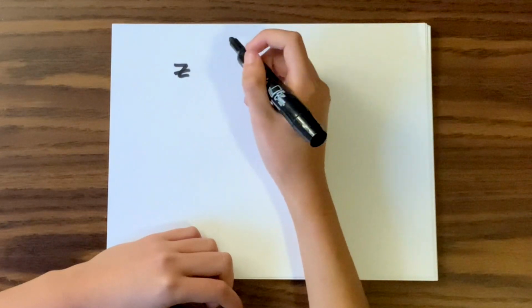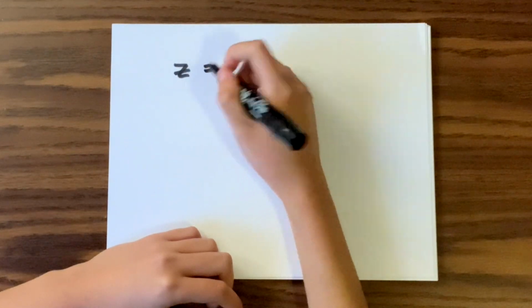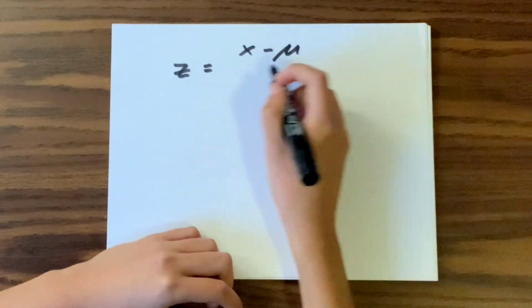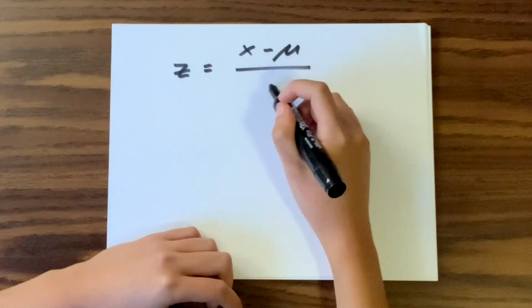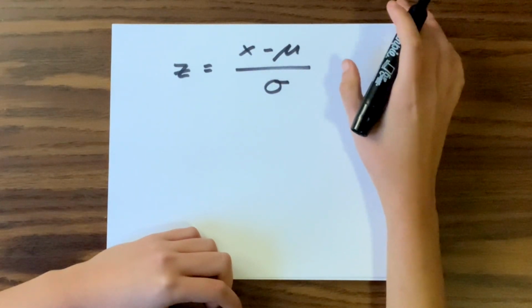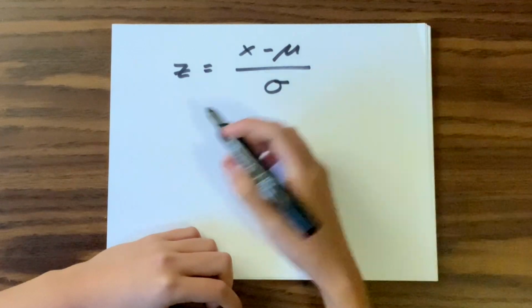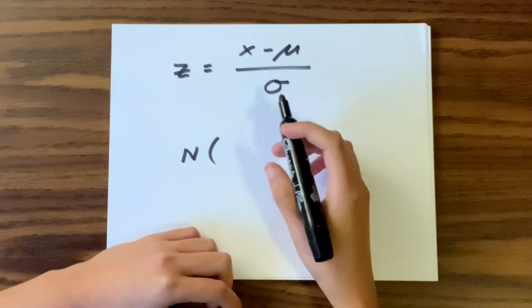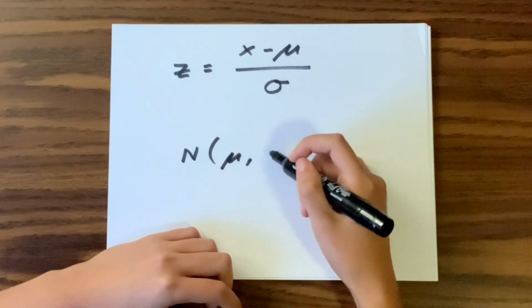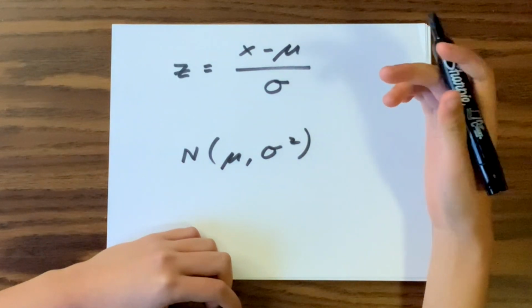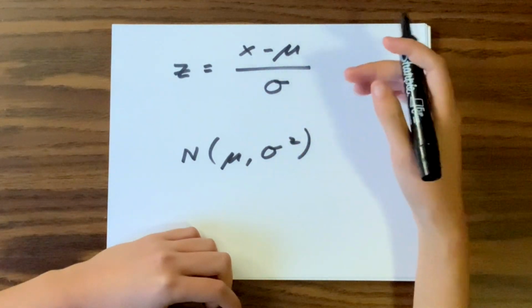So we can basically say that z is equal to some value of x minus the mean, which is mu, all over the standard deviation. And so this is for the normal distribution. We talked about this in a previous video where the notation is a big letter N, and you're given the mean and the variance, which is our sigma squared. And so this is for standardizing the normal random variable in a normal distribution.